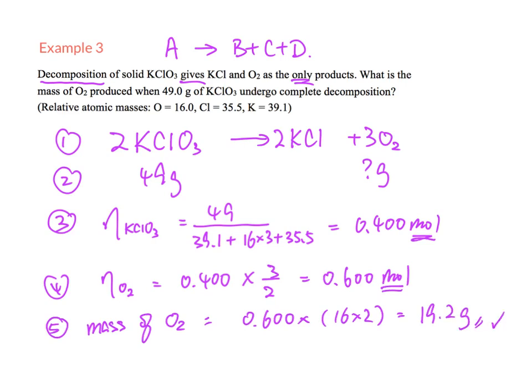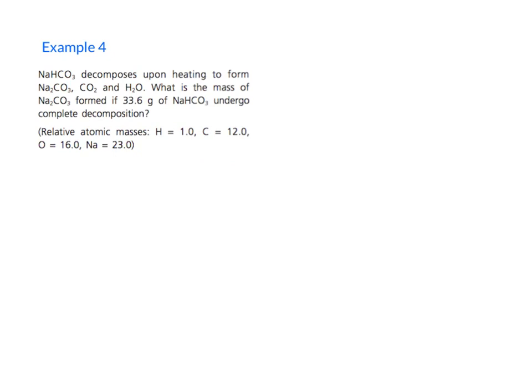Okay, last question. For this one, you have to write an equation again. This one is a decomposition reaction as well. You have to decompose the sodium hydrogen carbonate to give 3 different products. So stage 1, write down the equation. You have sodium hydrogen carbonate, because it's decomposition, so on the reactant side we just have one reactant.